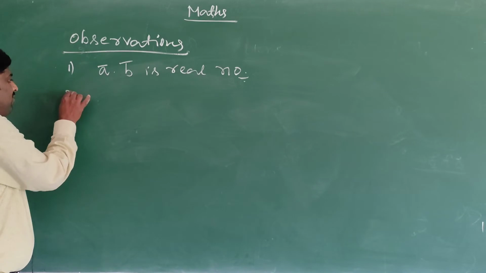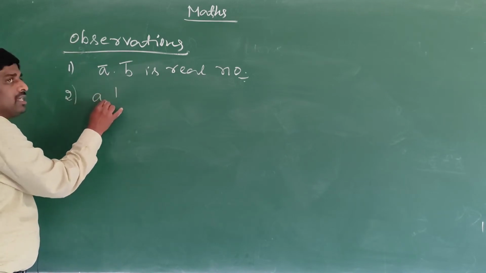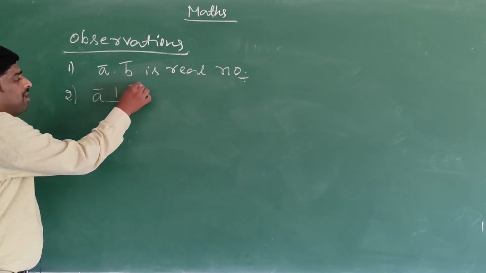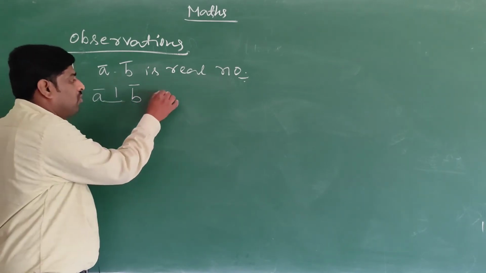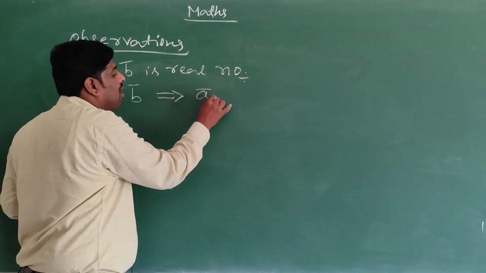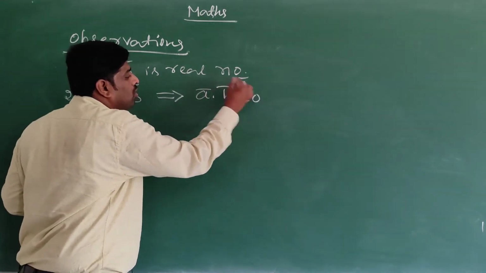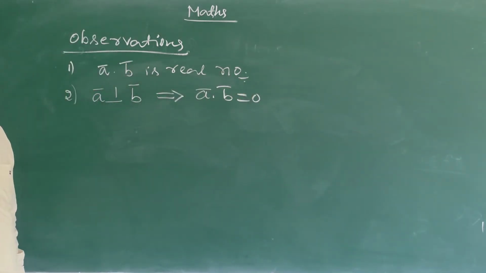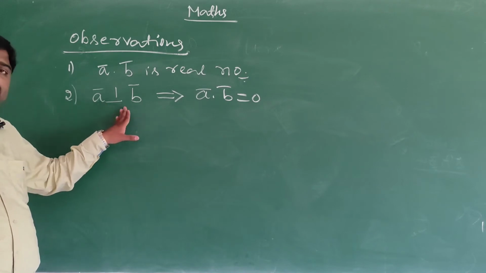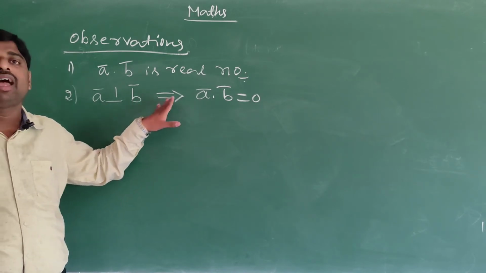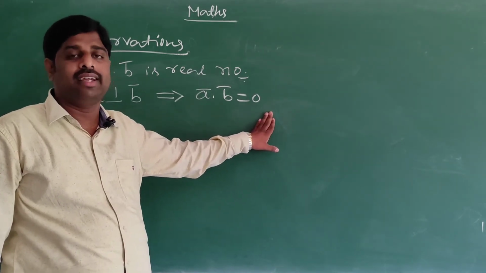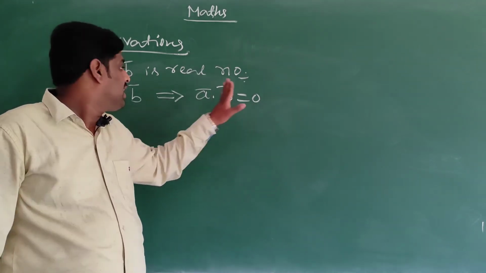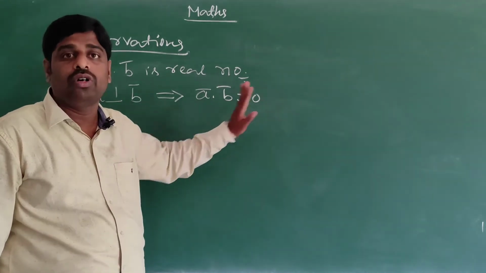Second, when a bar is perpendicular to b bar, a bar dot b bar equals 0. Since a bar is perpendicular to b bar, their angle is 90 degrees, and cos 90 is 0. That's why a bar dot b bar is equal to 0.